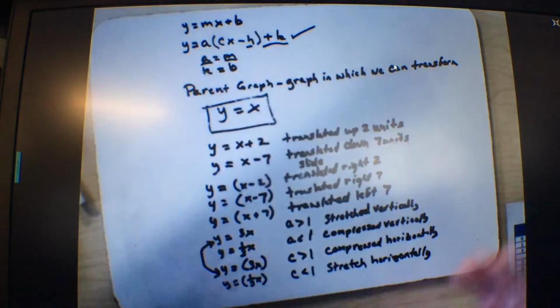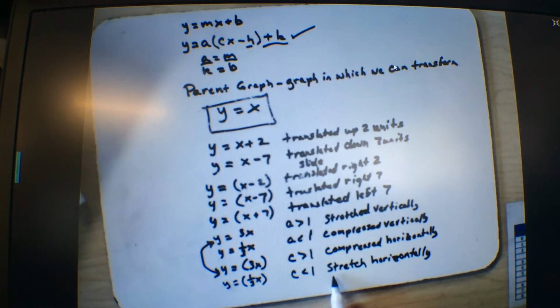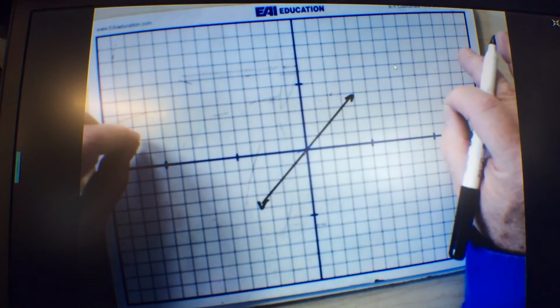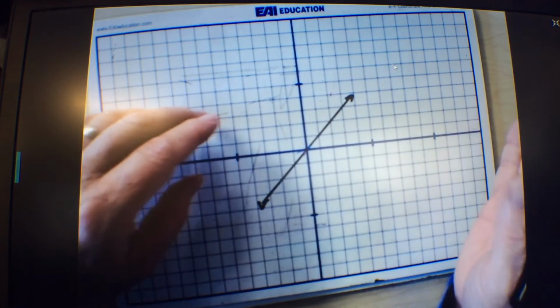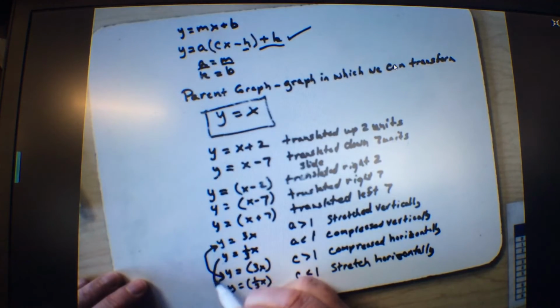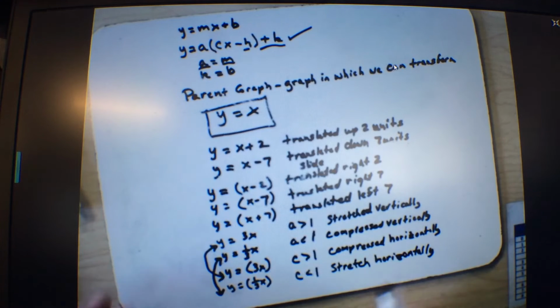Stretched horizontally, guys, means that we pull this way, which means that it flattens it out. So stretched horizontally and compressed vertically are the same thing. Do you get that? Give me a yes, something. You okay with that? All right.